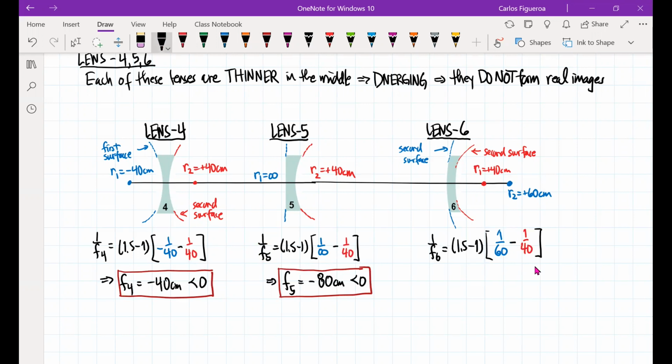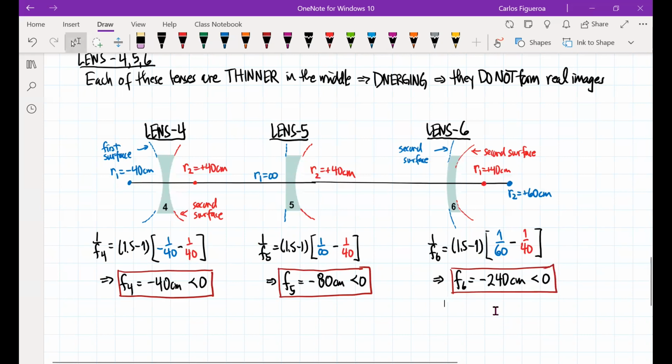And that gives me a value of f6 of minus 240 centimeters, which again is less than 0. Therefore, it's a diverging lens because it has a negative value.